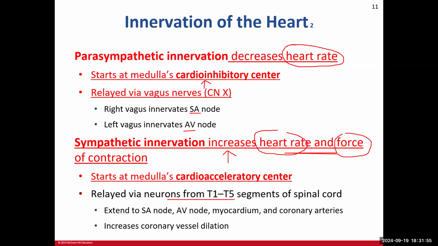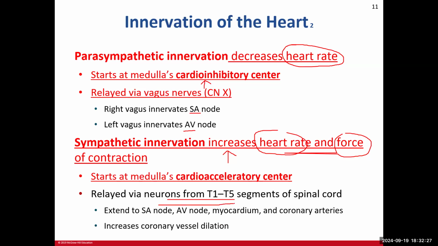The sympathetic outflow is going to be coming from T1 all the way to L2. So it comes through those spinal nerves that come off your spinal cord. You'll have some autonomic nerve fibers that go along those spinal nerves. The specific ones are going to be T1 through T5.